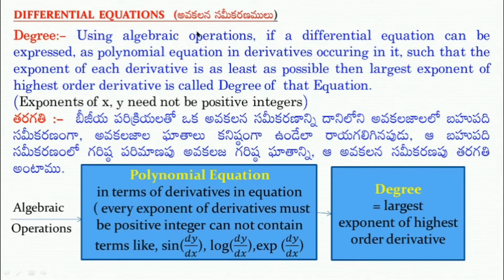So we have to convert the equation into a polynomial equation using some algebraic operations, such that the exponent of each derivative is as small as possible. Then the exponent of the highest order derivative is called the degree of the equation. సో బీజీయ పరిక్రియలతో ఒక అవకలన సమీకరణాన్ని అవకలజాలలో బహుపదిగా రాయగలిగినప్పుడు అవకలజాల యొక్క ఘాతాలు కనిష్టంగా ఉండేటట్లు చూసుకోవాలి.